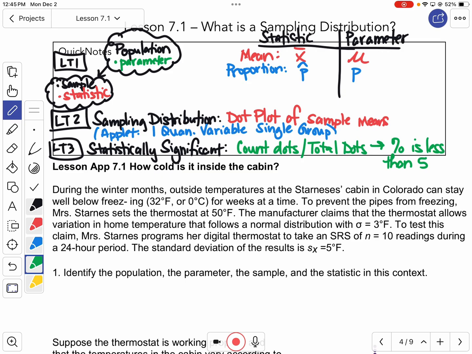And then the last one that we talk about is a standard deviation. For the sample, we use an S with an X next to it. And then for the population, we use that sideways 9, or the O with the hat on it.